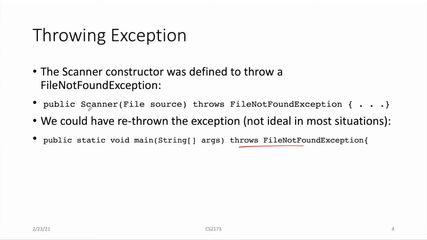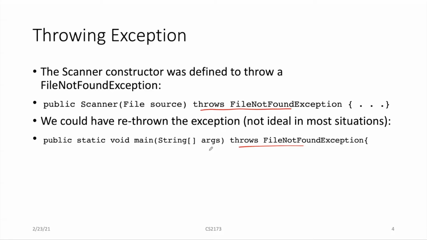So when they were defining the scanner class and the scanner constructor, though, it was a good idea to explicitly throw this exception, because the scanner constructor has really no way of knowing how you want to deal with the fact that you may be trying to scan a file that's not there.